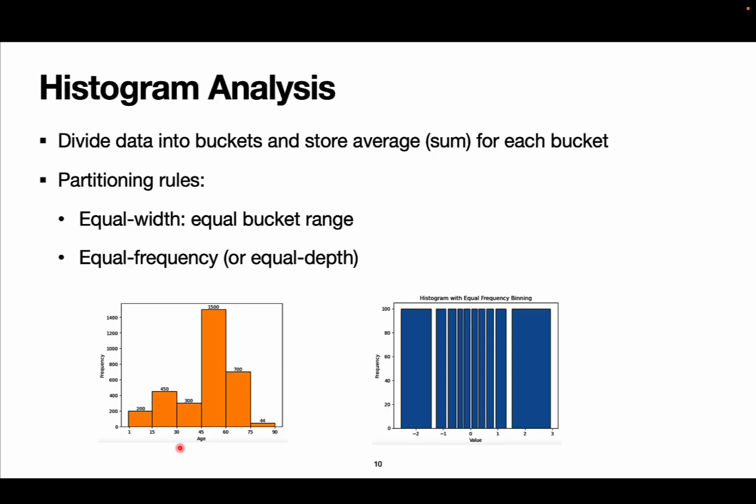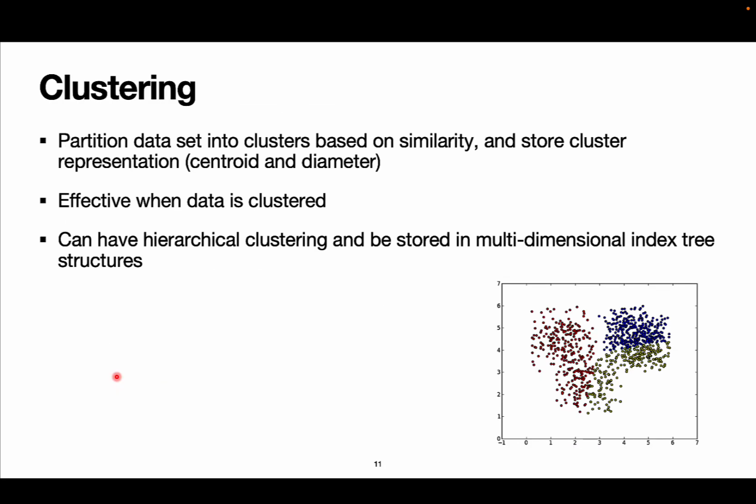Clustering is a partitioning technique where the data is going to be partitioned into groups based on the similarity. So the members of one group are similar together and dissimilar from other groups.